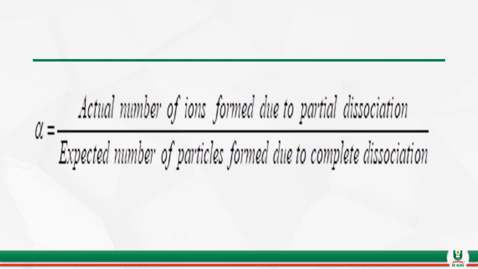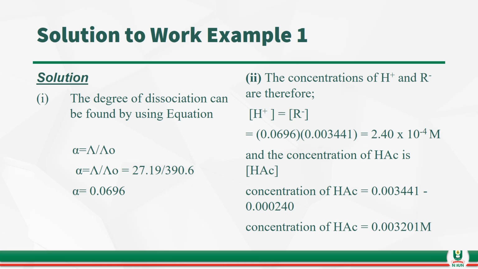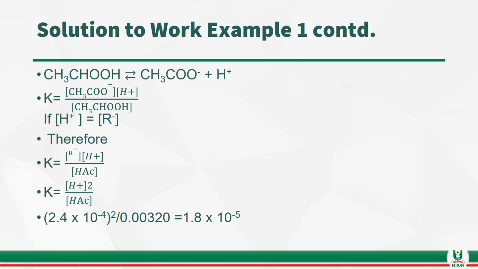Here, the degree of dissociation, which is denoted by an alpha sign, is equal to the ratio of the actual number of ions formed due to partial dissociation all over expected number of particles formed due to complete dissociation. The equilibrium constant to obtain the dissociation constant of the compound. So acetic acid undergoes partial dissociation to furnish a solution with acetate ion, ethanoate ion and hydrogen ion.